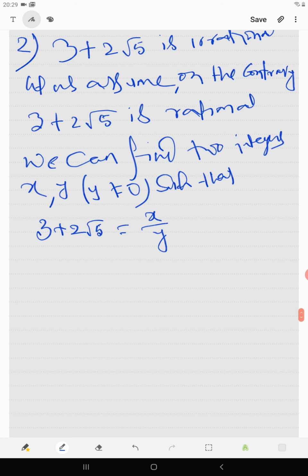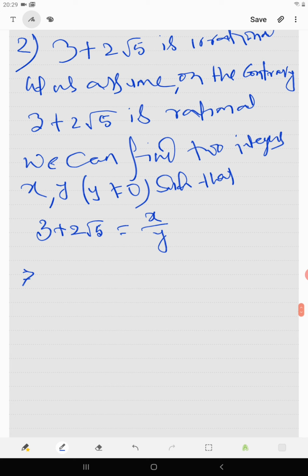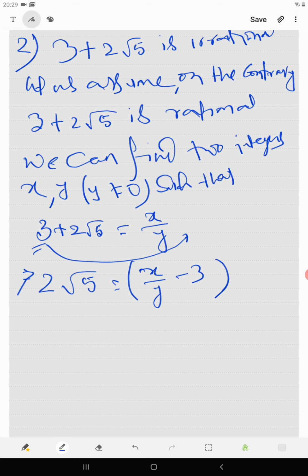Let's take this 3, which is rational, we know that. So let's move it to the right side. We can write 2 root 5 equals x by y minus 3. This whole thing is rational because if you subtract a number from a rational number, the result is also a rational number.